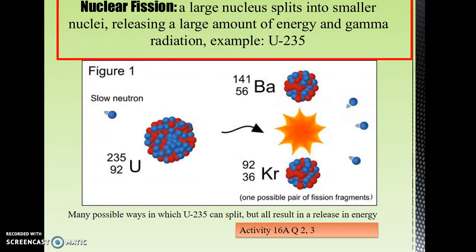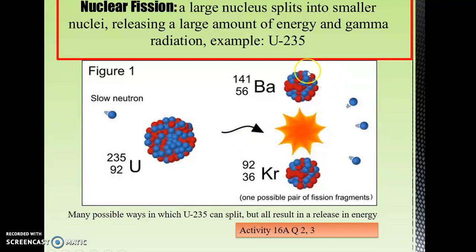So nuclear fission, what is that? That is when a large nucleus, like uranium-235, splits into smaller nuclei. So for example, here we have a slow neutron bombarding the nucleus of uranium-235.